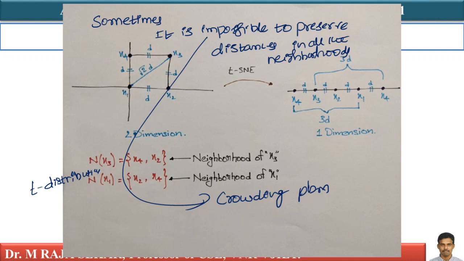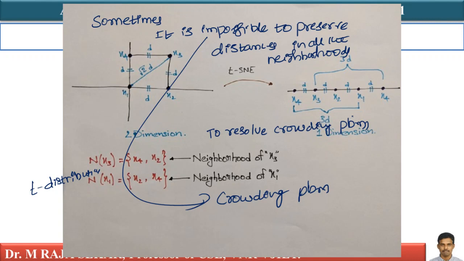I request you to go through the T distribution and Gaussian distribution lectures once. Why the T distribution resolves this crowding problem is beyond the scope of this class, but you must understand that the T distribution was primarily used to resolve the crowding problem.